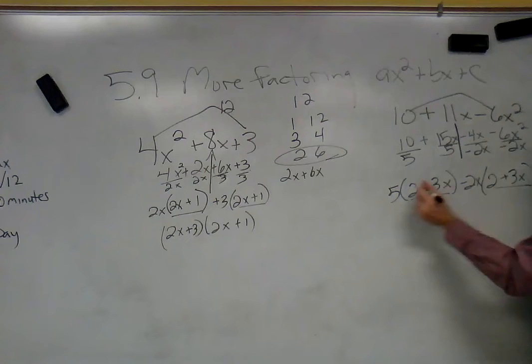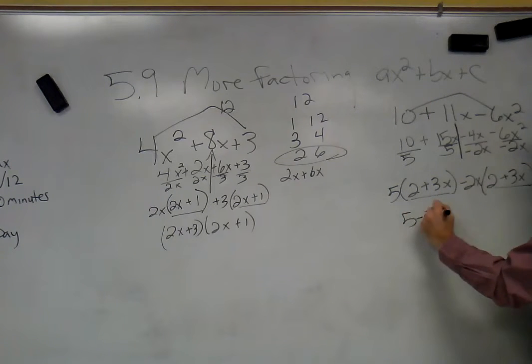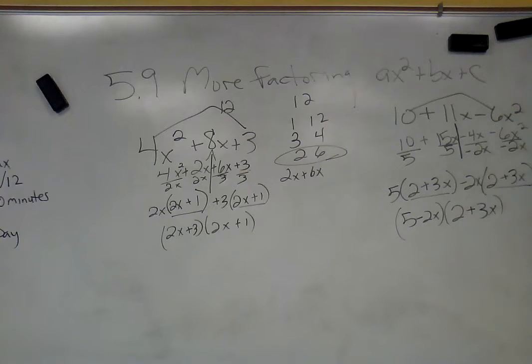Hey, they're the same. It was a different order, but they are the same. That's okay. So we get 5 minus 2x times 2 plus 3x. Then the order does not necessarily have to be switched around. We were still able to do this even though the order was flipped.